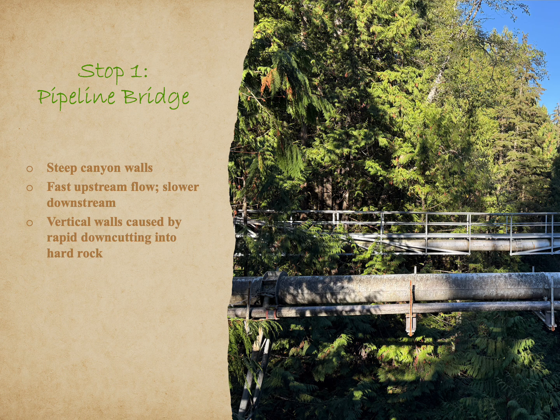Now we talk about the different stops we took during our field trip. At stop one, which was the pipeline bridge, we saw one of the steepest canyons in the area, and the walls here were almost vertical.